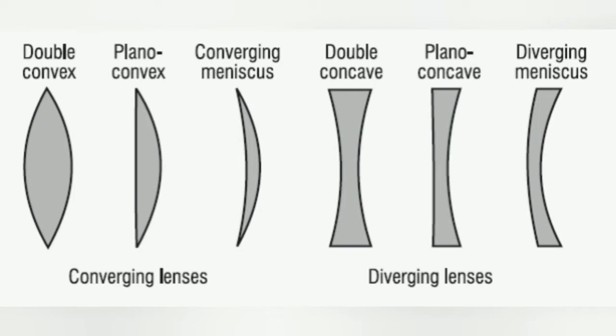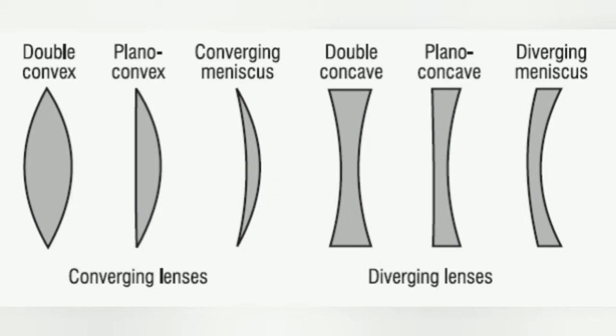The double convex lens is thick at the center and thin at the edges. In the plano-convex lens, one side is plane and there is a curved surface on the other side. That's why it is called a plano-convex lens. The third lens is called a converging meniscus, which is used for converging purposes.